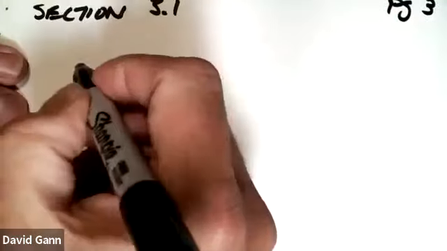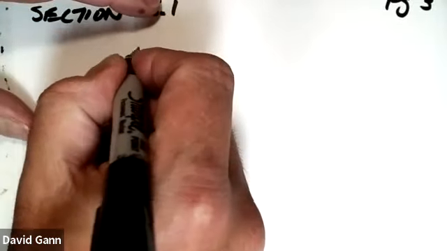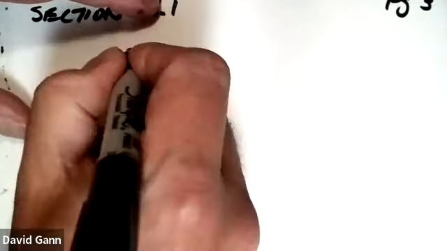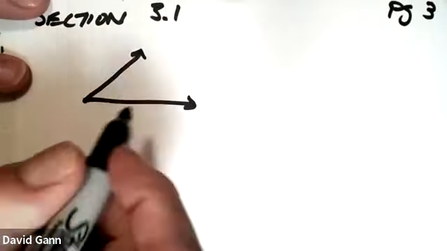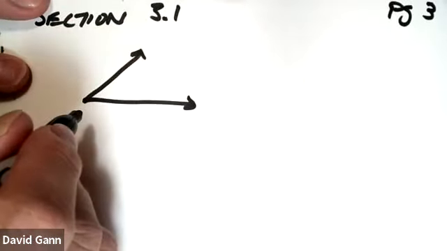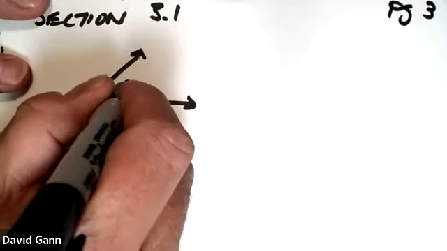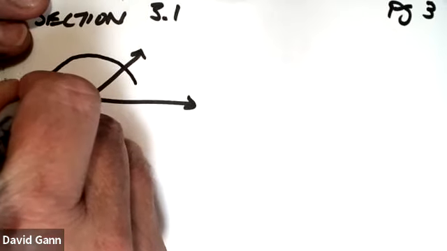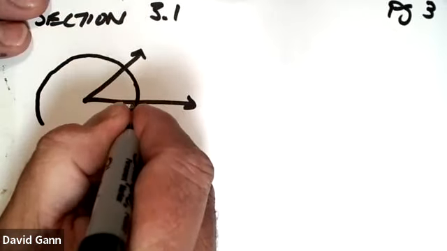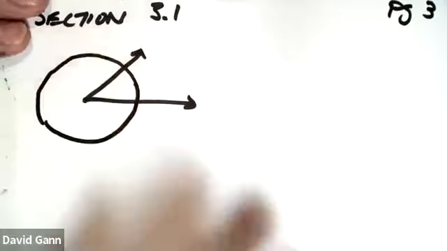Consider an angle, and this is no different than the way we've had angles before. It doesn't have to be in standard position, but maybe if it looks that way, it'll be great. We're going to superimpose a circle on this angle where the center of the circle coincides with the vertex of the angle.